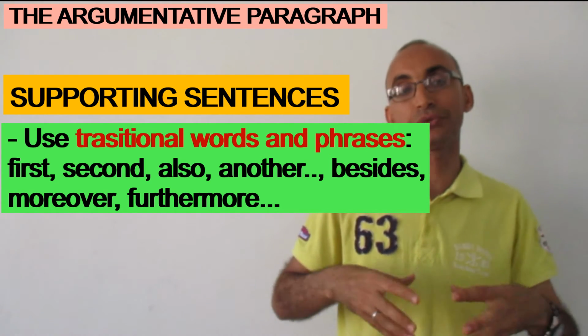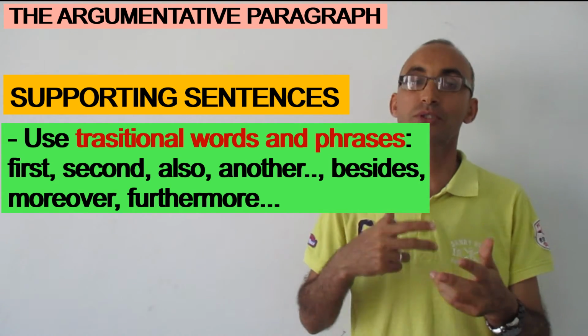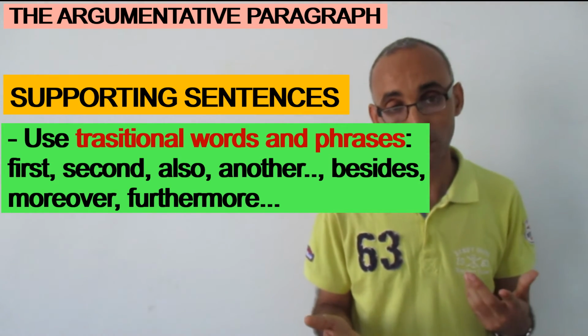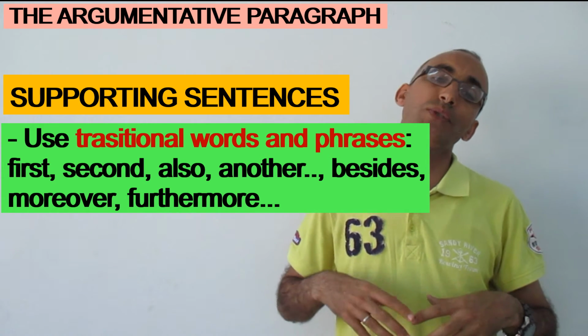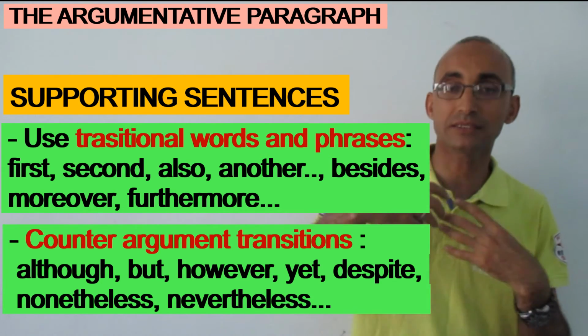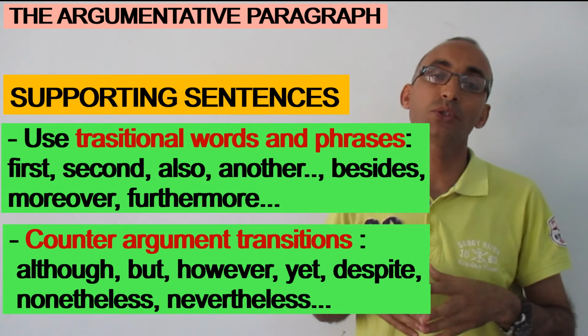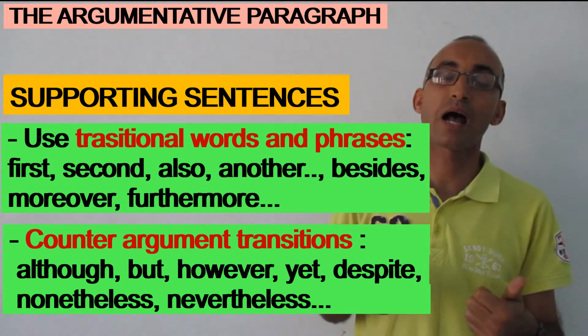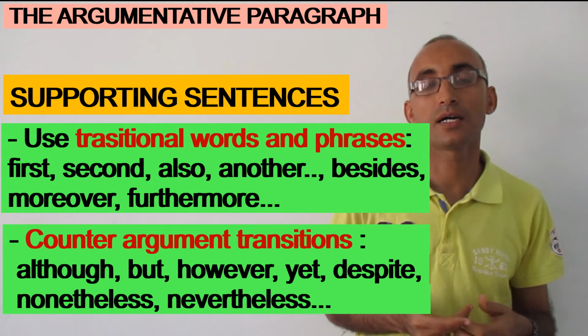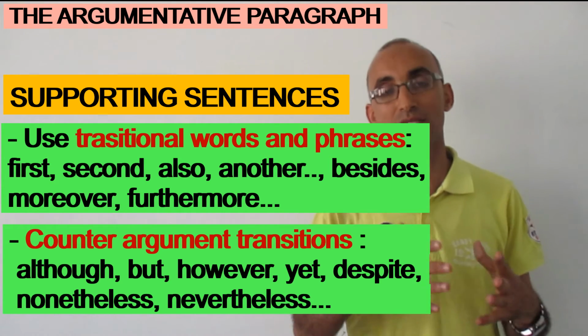Example, to give reasons and proofs, you can use first, second, next, another one, because, since, as. And also, when you give the counter argument, you use other transitions like but, however, nonetheless, nevertheless, although, despite, and so on and so forth.